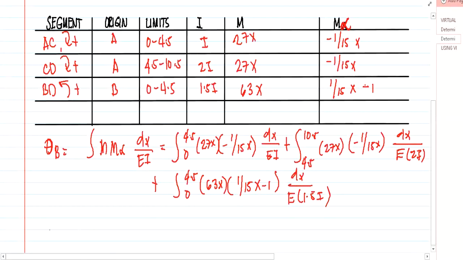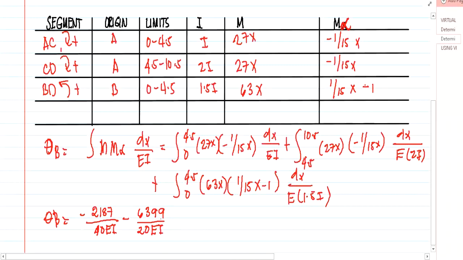Okay? So kindly solve for our rotation at B. Rotation at B is equal to, so yung first term natin, ito, that is equal to negative 2187 over 40 EI. Okay? Our second term, ito, yung second term natin, that is equal to negative 6399 over 20 EI.